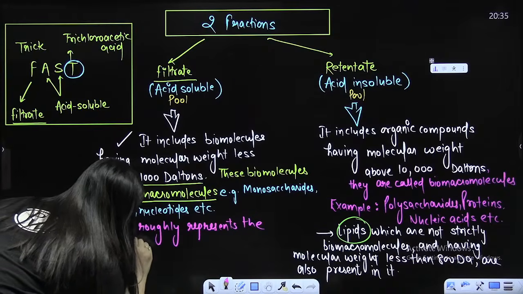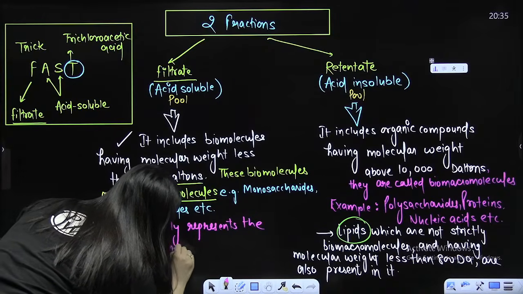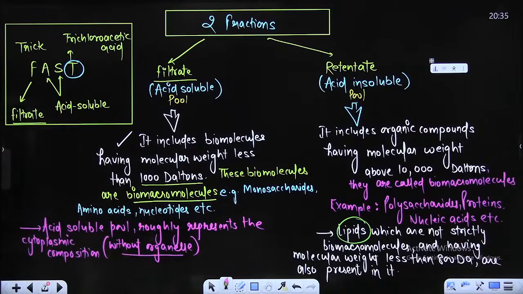If I take out the organelles, whatever is left in the cytoplasm, I can check in the acid soluble pool. Is that clear?